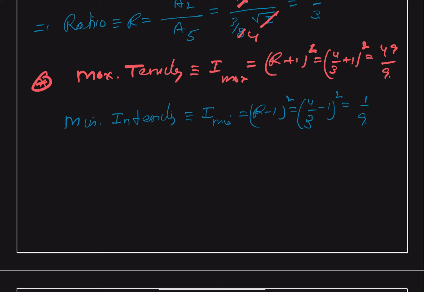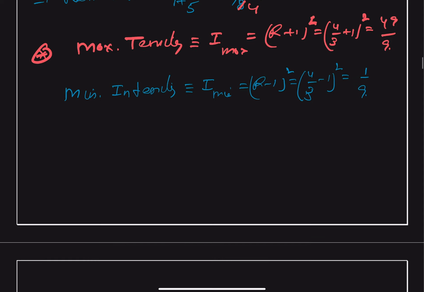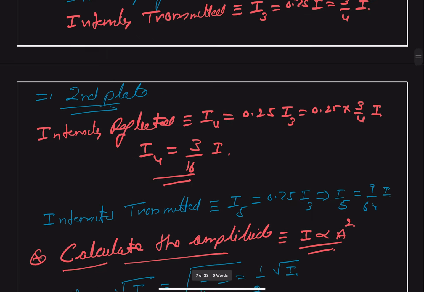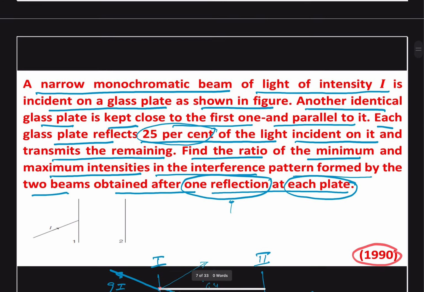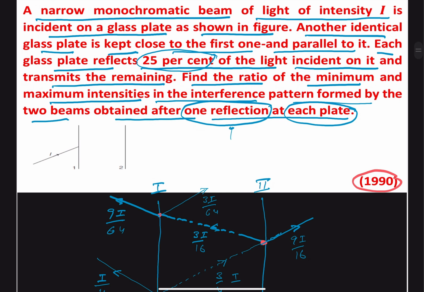And finally, we can find out the ratio. So we can say our I min or max, ratio of minimum to maximum.